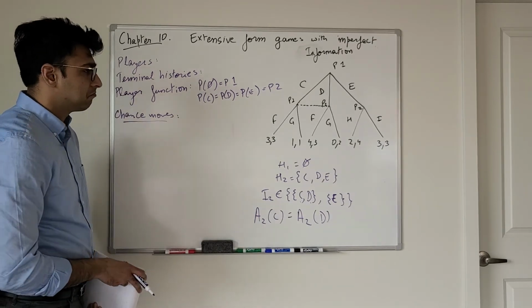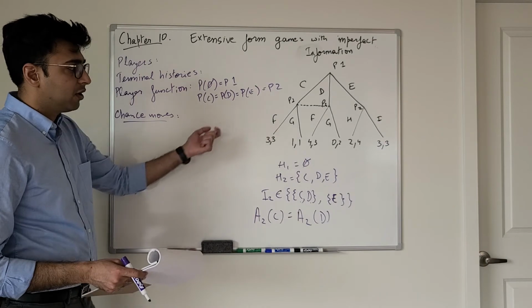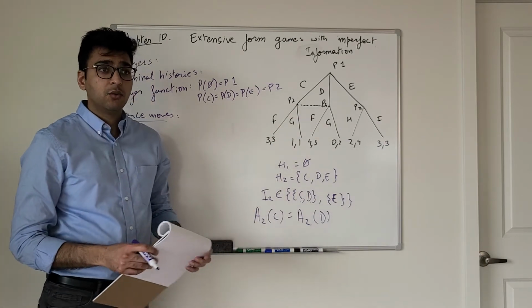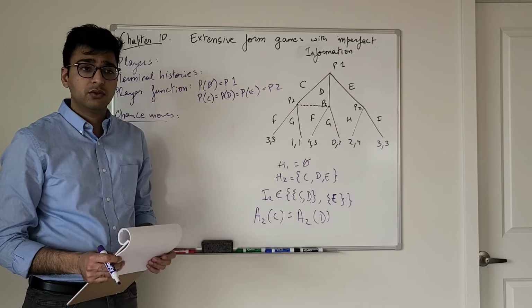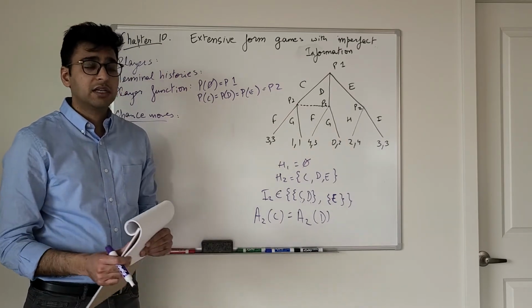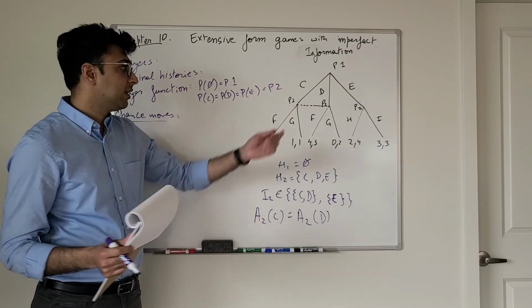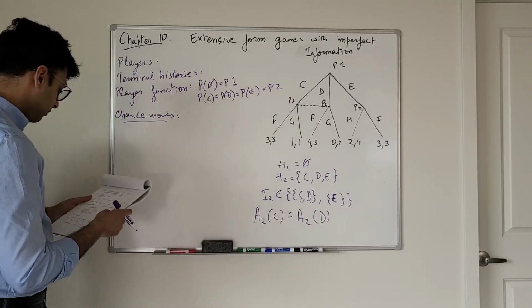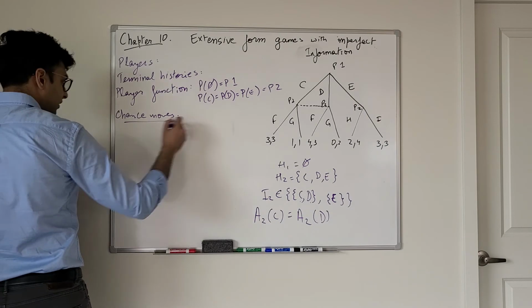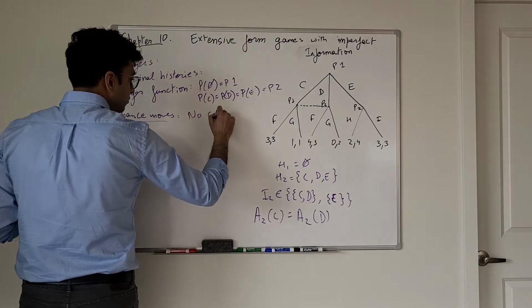So if chance puts you in one of two paths, then we have to define when chance does that, and we would have to define the likelihood of chance putting you in each path. In this game, no chance moves.